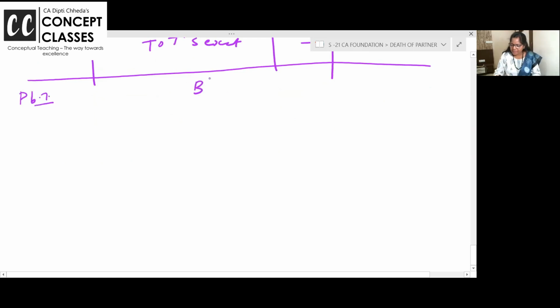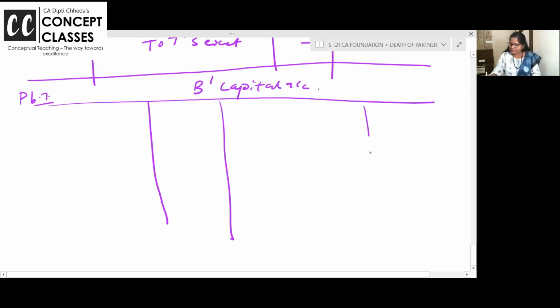Sorry, journal entries are not required. B's capital account. Opening balance. Opening balance of capital account is 12,000. And what is the ratio of B? 2/6.